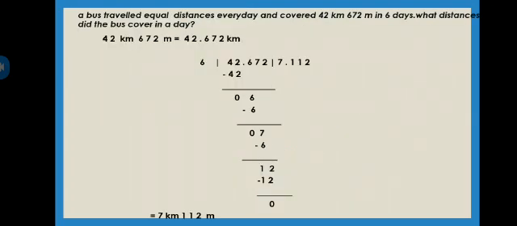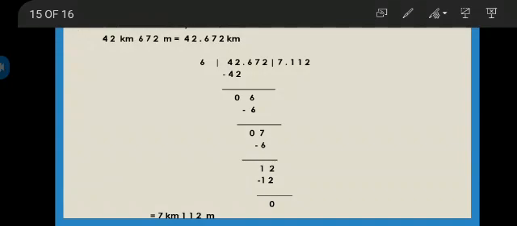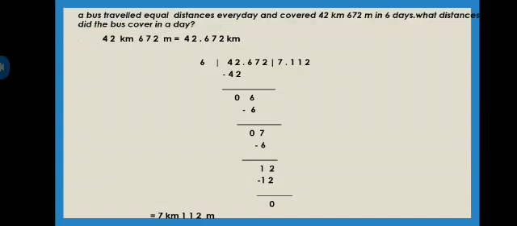Then take another example of a bus. A bus travelled equal distances every day and covered 42 kilometer 672 meter in 6 days. What distance did the bus cover in a day?